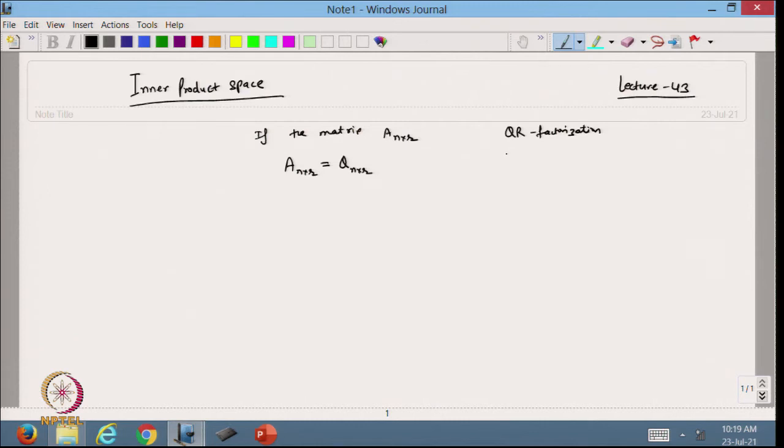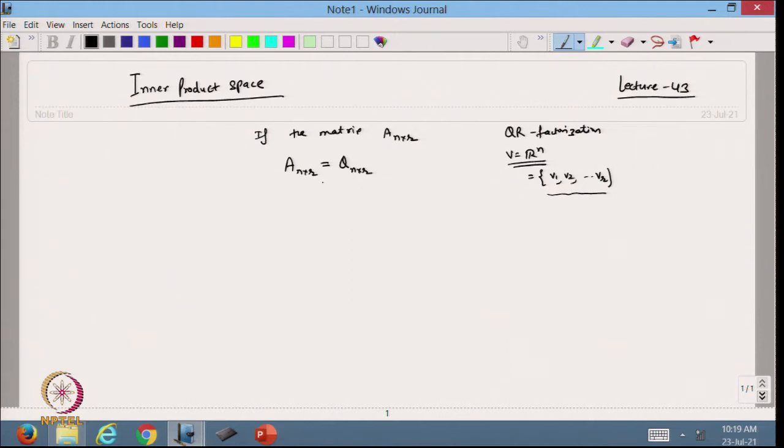So, in this case, suppose we are dealing with R n, and then I take a set containing V 1, V 2, up to V r. So, it is basically a basis of some subspace of R n.